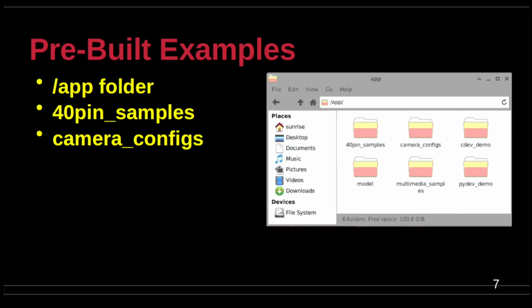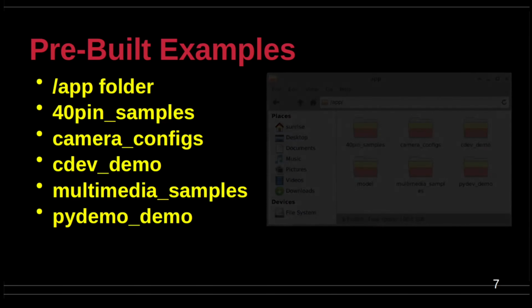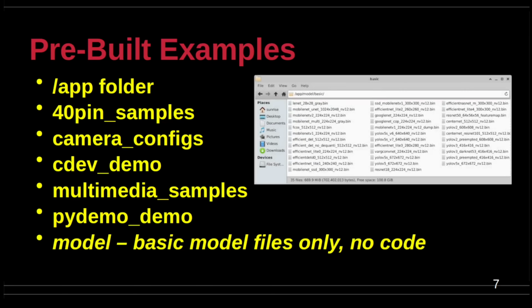I have tweaked several examples in other subfolders that are enumerated on the slide, but let us focus on the Python scripts only, please. There is another subfolder called Model where the deep learning models are retained. The 40-pin samples will permit you to evaluate your Raspberry Pi examples with the RDK X3 with very little incremental effort.